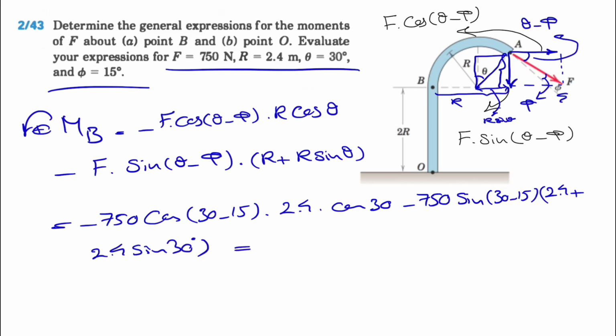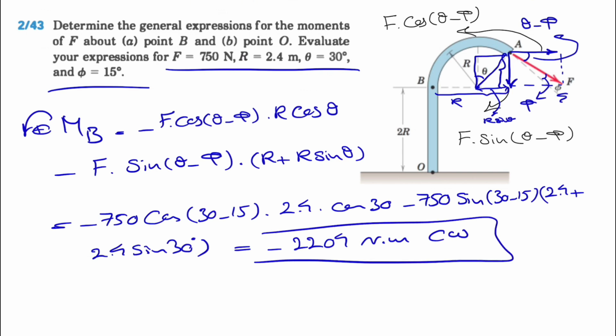So if we calculate this, we're gonna get a moment of minus 2204 Newton meter, and the negative sign shows the moment is clockwise. So that was a part of the question to find the moment about point A.